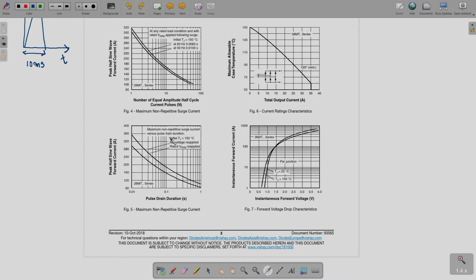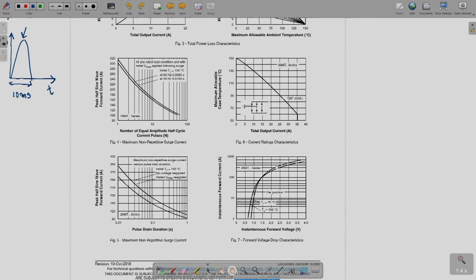So, that means you are giving a series of pulses for a certain time duration, and accordingly the values are given in this data sheet. This is again for your non-repetitive surge current. You can see that these current values are high initially, but as the pulse train duration increases, they come down.